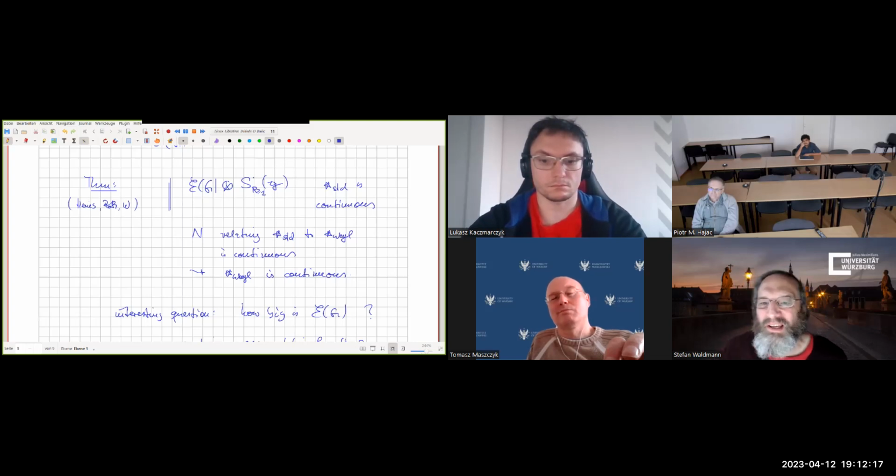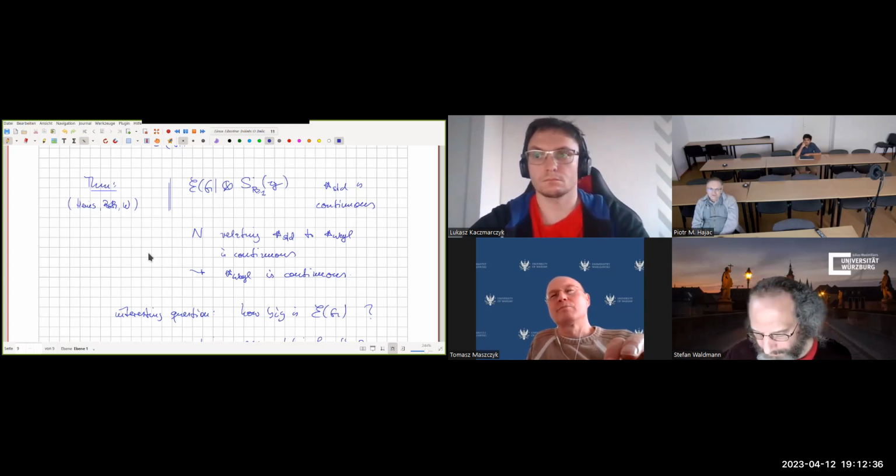If you do it wrongly, you get all smooth functions or even all continuous functions. So this depends really on what kind of completion you take. But here you get a very small one, a very tiny one. But you can point to a function which is in E(G), but it's not representative.